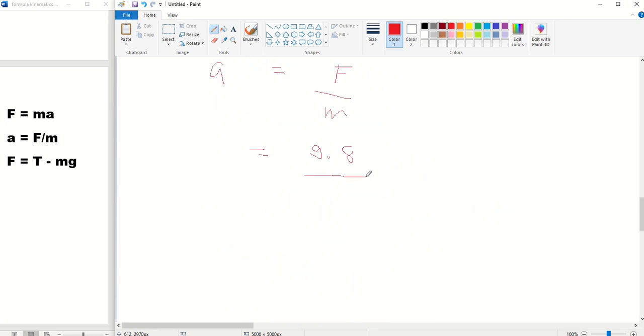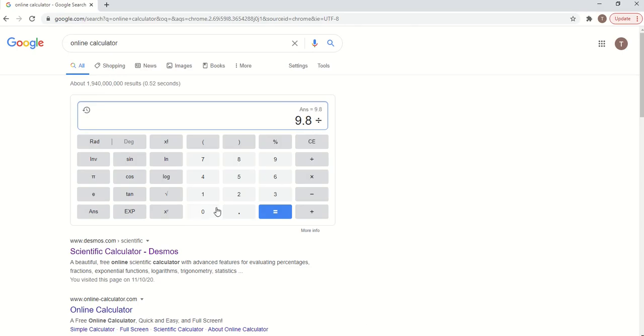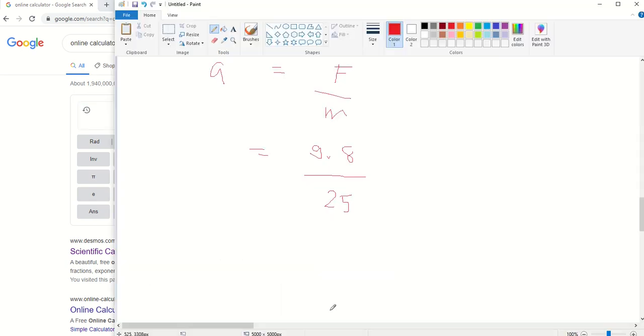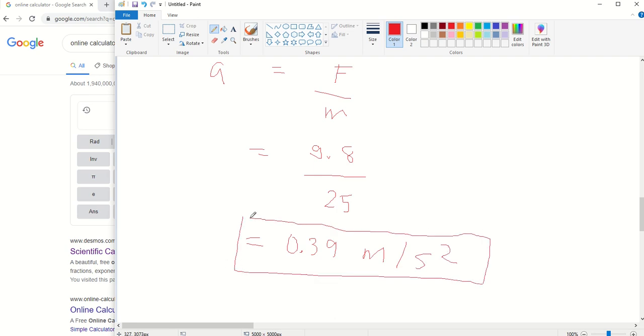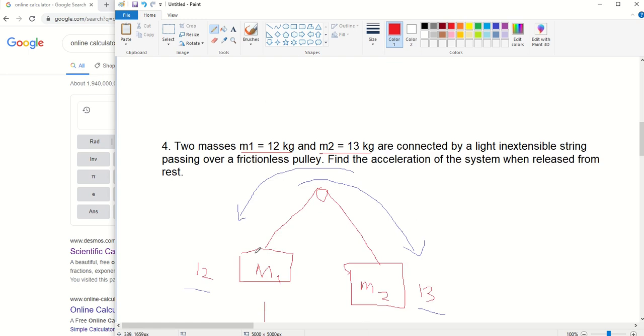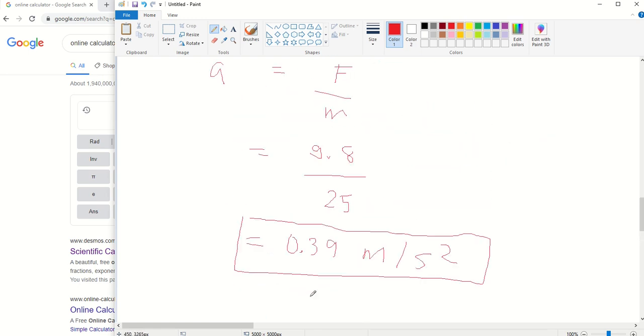So 9.8 over 25. Calculate ulit. 9.8 divided by 25 is equivalent to 0.39. Yun na lang, 0.39 meters per squared second. Ito na. Nakuha na natin yung sagot sa problem number 4.